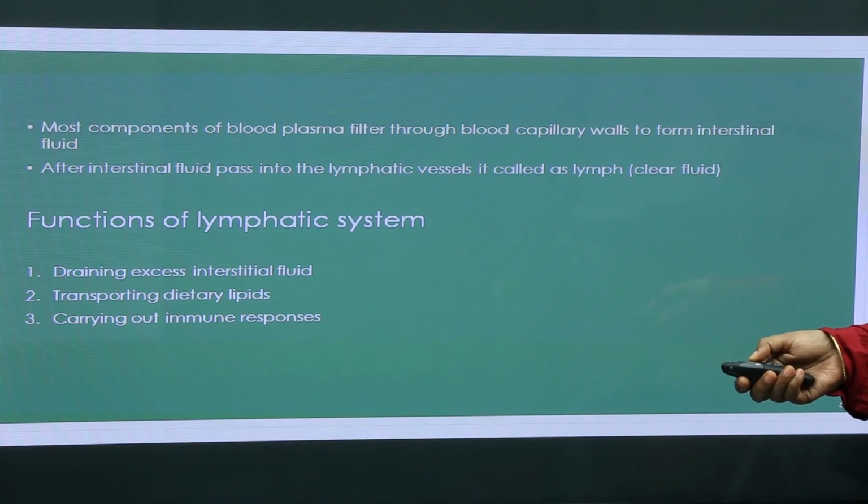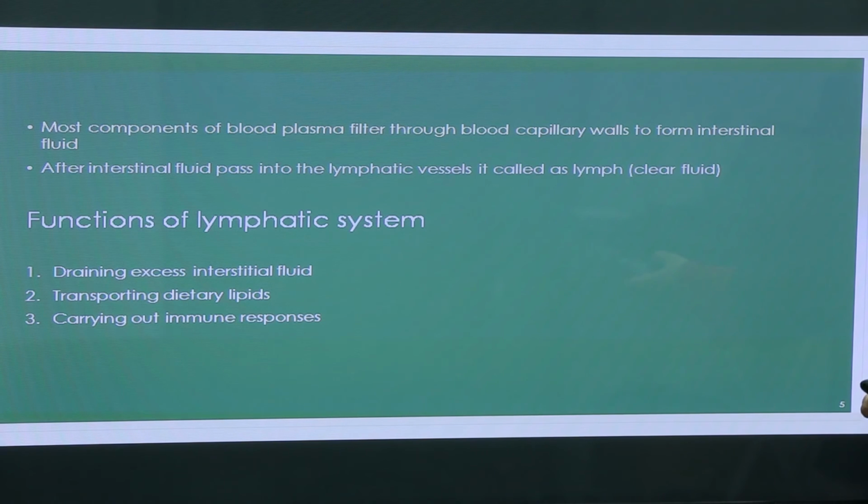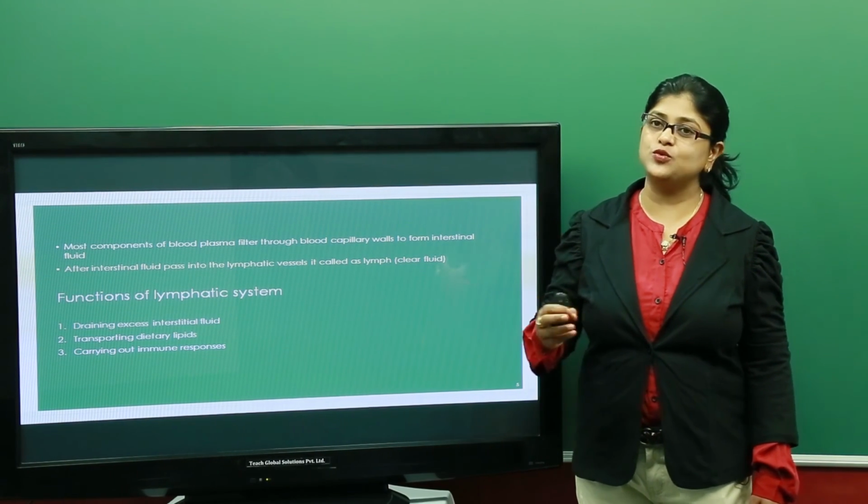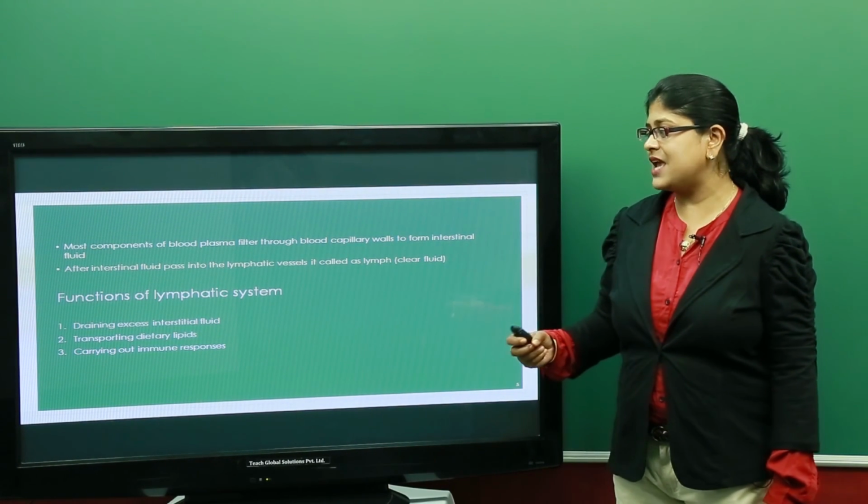Carrying out immune responses. As we are aware, lymphoid tissue is composed of T cells and B cells, which are responsible for specific immunity. The T cells are responsible for cytotoxic immunity or cell-mediated immunity, which can mean causing lysis of a foreign microbe or an abnormal cell, or release of toxic material which will damage the microbes and the abnormal cells.